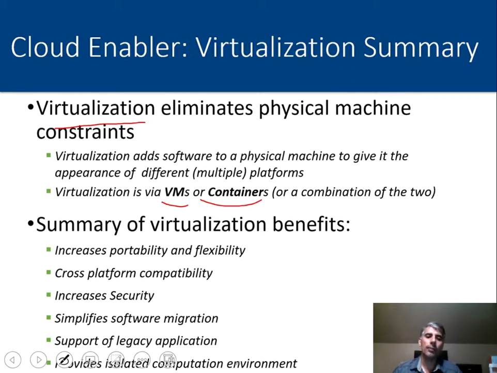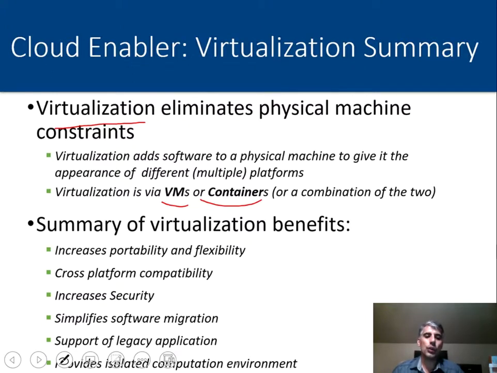We talked about consolidation. We talked about migration. And they provide cross-platform compatibility. So if you have an operating system that does not work with a certain hardware, it may be able to work with the virtualized layer, that is, the hypervisor.